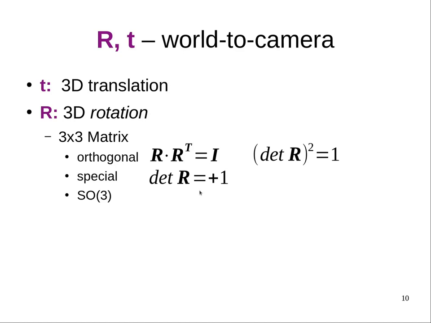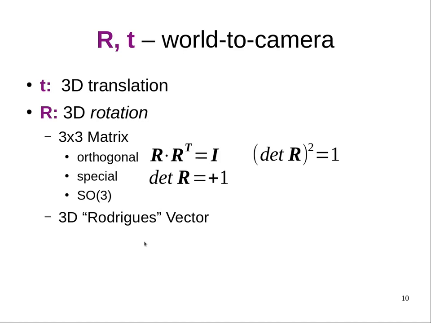Furthermore, there's another way to express a rotation besides the matrix. It is the Rodrigues vector, which conveniently only consists of 3 entries. You don't need any more checks, and it's the most compact representation of the rotation.